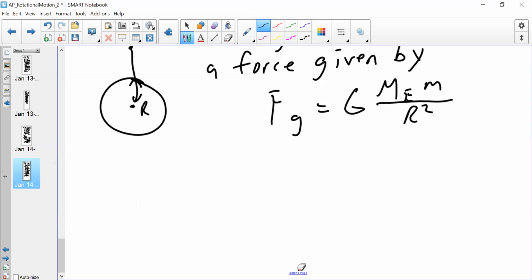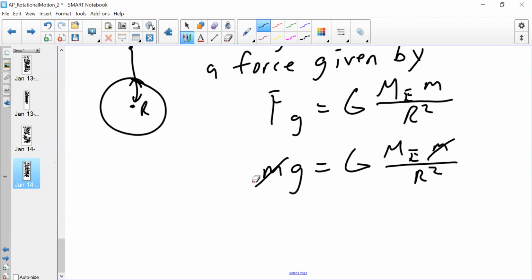We know intrinsically by first principles, Fg is equal to mg. Those masses go away because it's talking about the mass. We're looking at the perspective of Earth pulling on this mass, and we want to get the gravitational field of the Earth with respect to that mass.